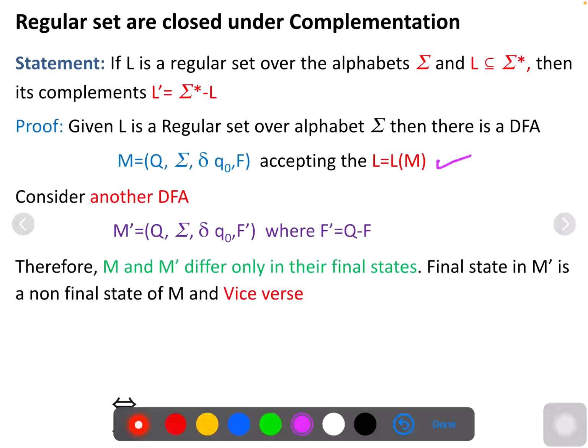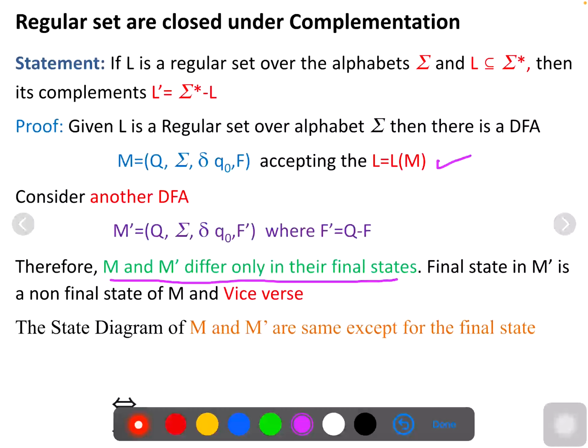Right? So how do you represent that in a state diagram? The state diagrams of M and M dash are the same except for the final states. The final states of M become the non-final states in M dash.